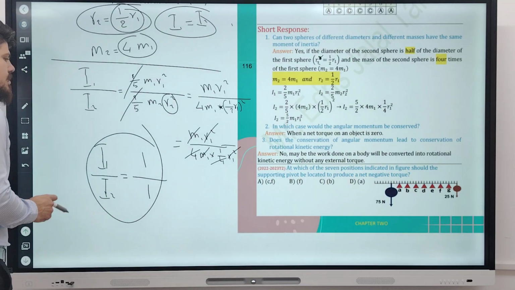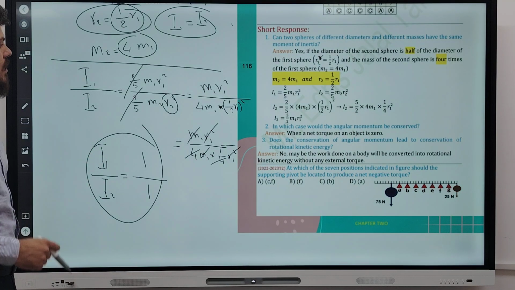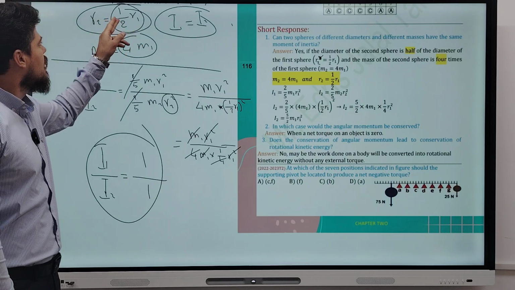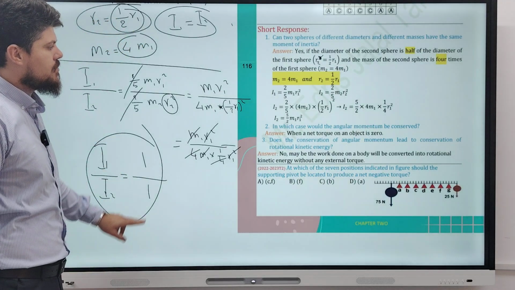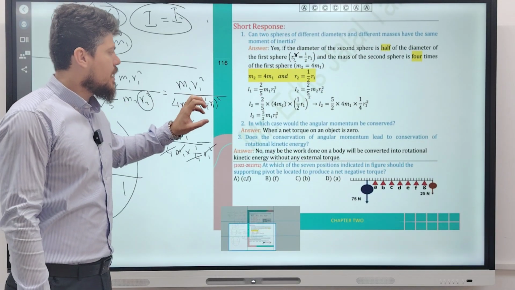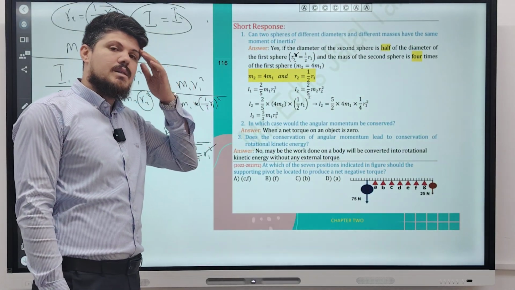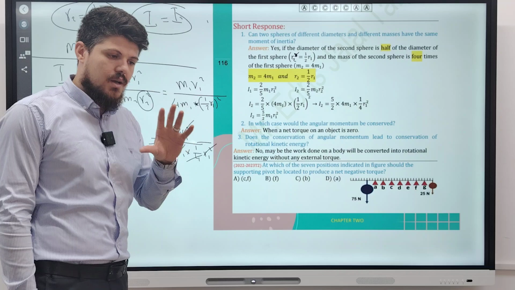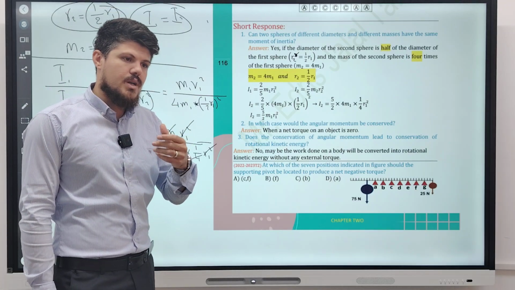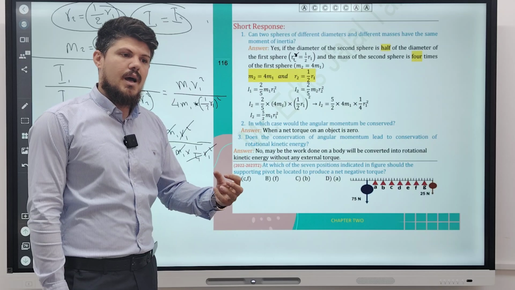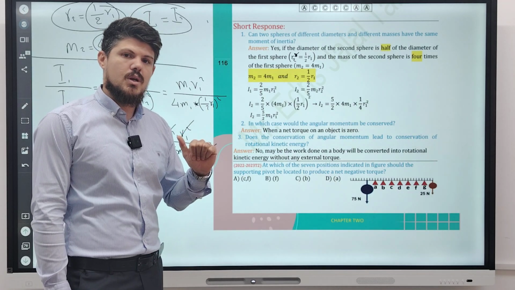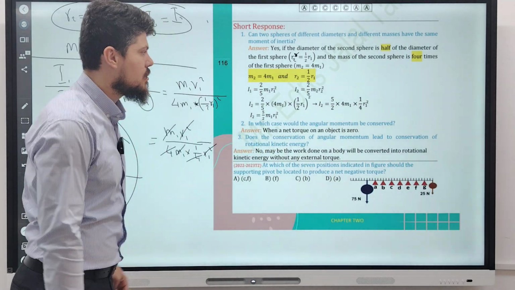So it means that these two spheres are equal in moment of inertia, even though they are different in diameter or radius and mass. So when do two spheres with different diameter and different mass have the same moment of inertia? You can say if the radius of the first ball is equal to half of the second ball, and the mass of the first ball is quadruple that of the second ball.